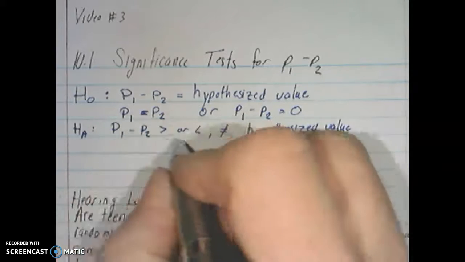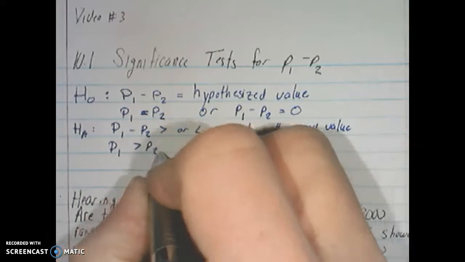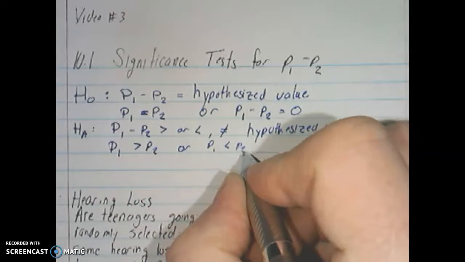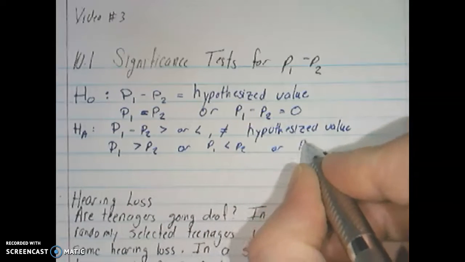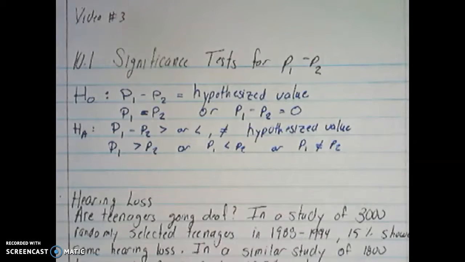So that means we can also have P1 is less than P2, or P1 is greater than P2, or P1 does not equal P2. So we have all those possibilities that we can have, just like what we've had in our other significance tests that we've done.